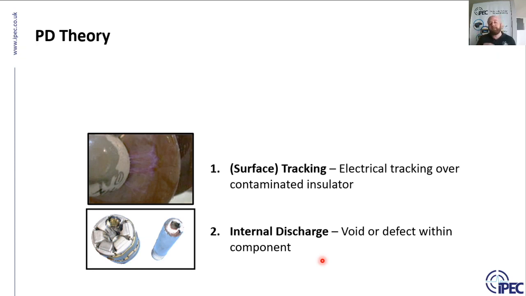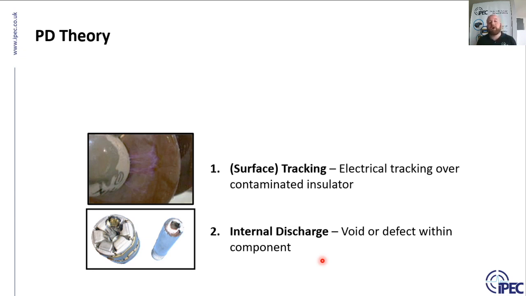Now, as you know, with both of those defect types, they can occur across different parts of the network. They can occur anywhere within a switchgear, because obviously you've got high voltage running throughout the switchgear, you've got insulation throughout the switchgear, and any component of that insulation could be damaged, which could cause a partial discharge to emerge.